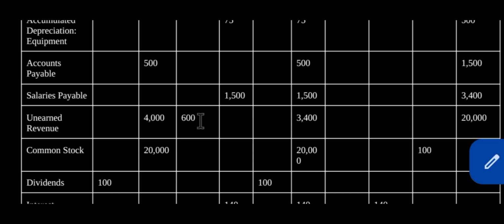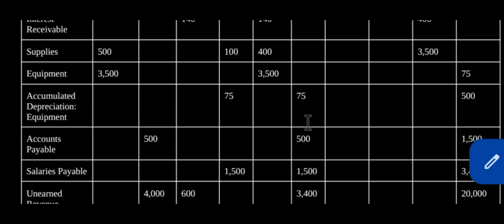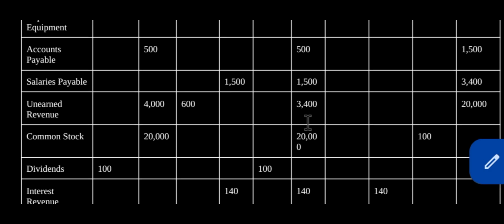Credit debit, so we have to subtract it. 4,000 minus 600 is equals to 3,400. Credit side, since 4,000 is much bigger than 600, we have to put it on the much bigger amount side.